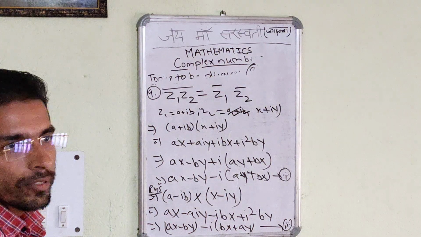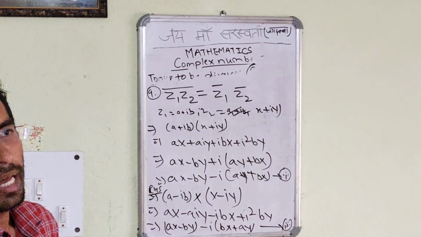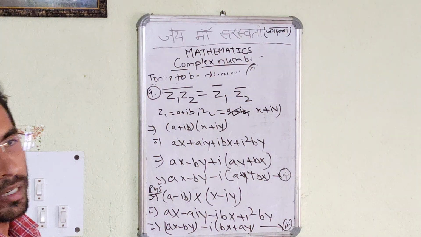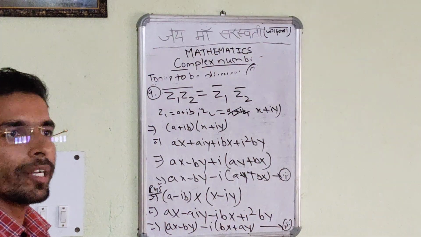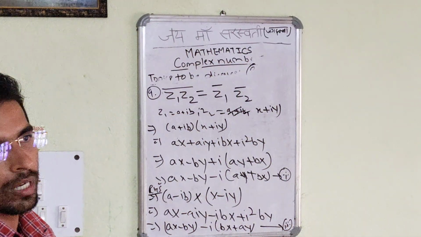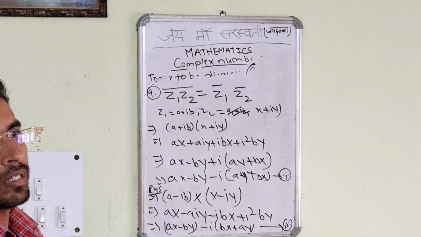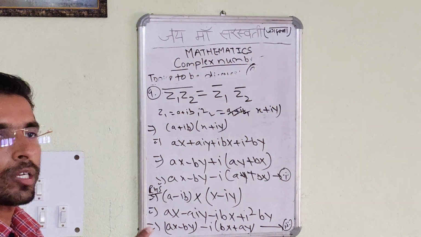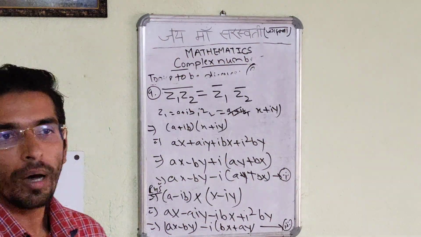We have established also, mathematically stating, that if we take two complex numbers and multiply them together, and after that take the conjugate of that product, it will be equal to the product of the conjugates of the two complex numbers taken separately. That is basically the ninth property.